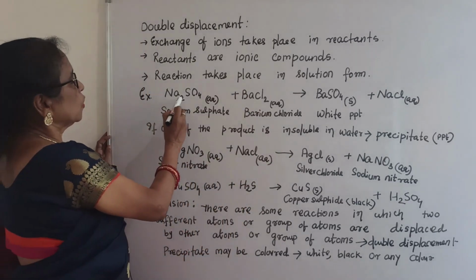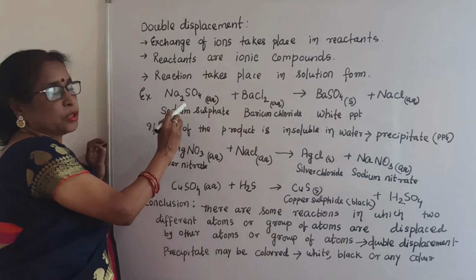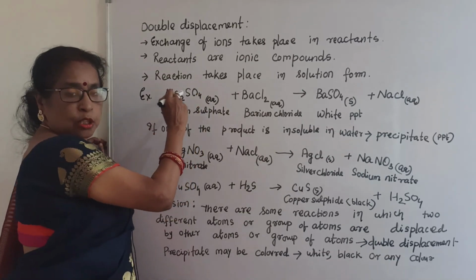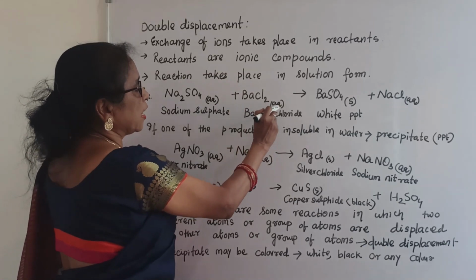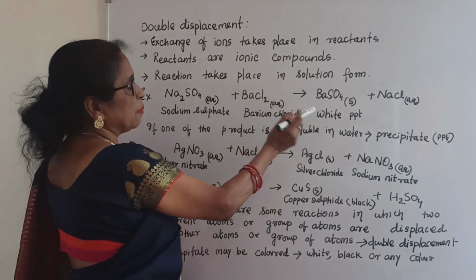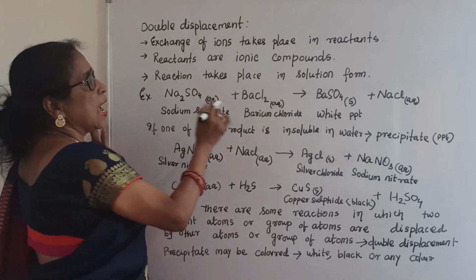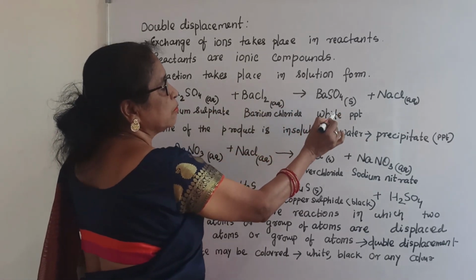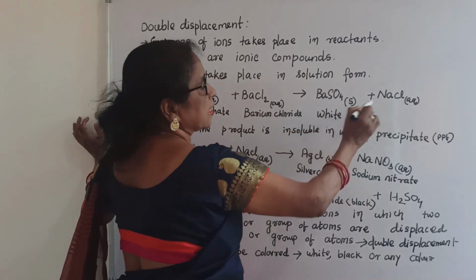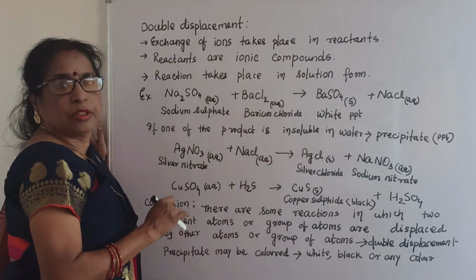For example, take sodium sulfate, aqueous because it is in water solution, and barium chloride, aqueous because it is soluble in water. What happens when both mix? You can see barium sulfate is formed, a white precipitate, and NaCl, aqueous, which is soluble in water.